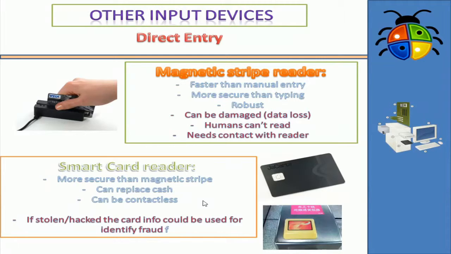So if it's in your pocket, you do have to be careful with these because there's no contact needed. People can just walk by with a scanner in their pocket, and if they've got the right encryption sorted, then they could get this information from you.